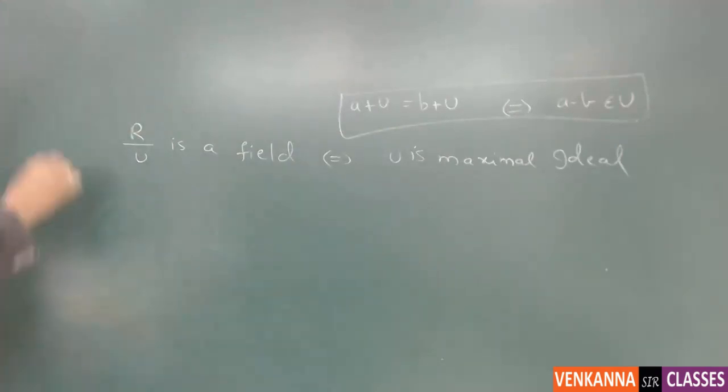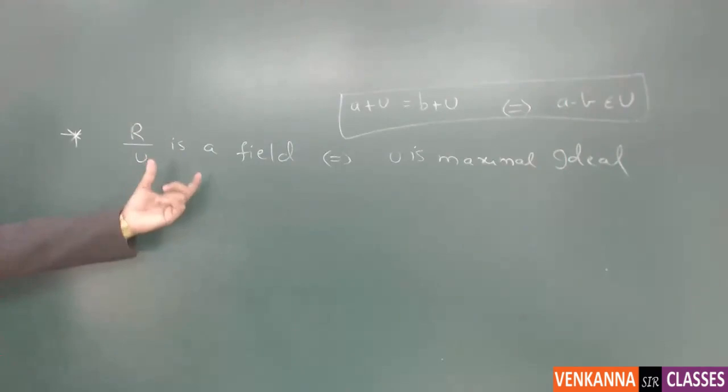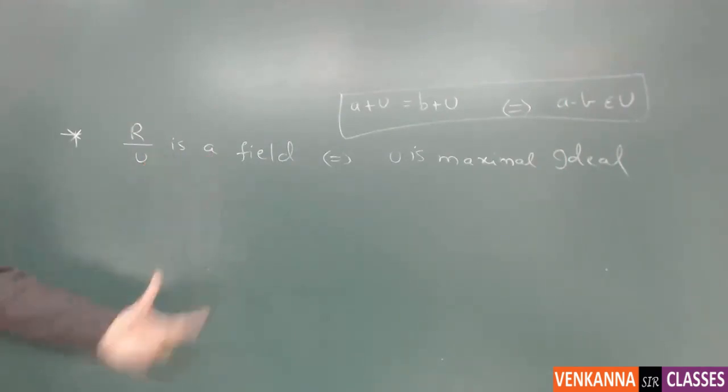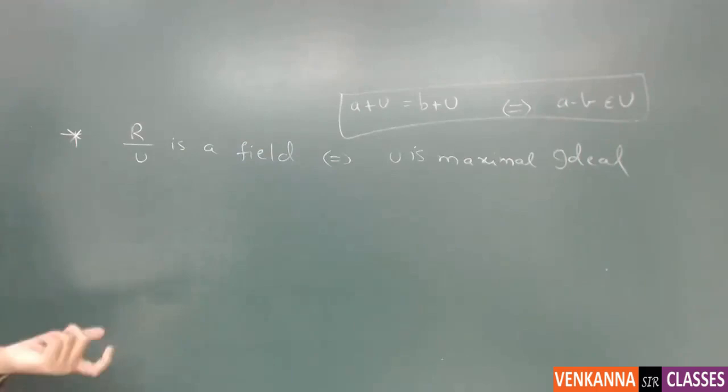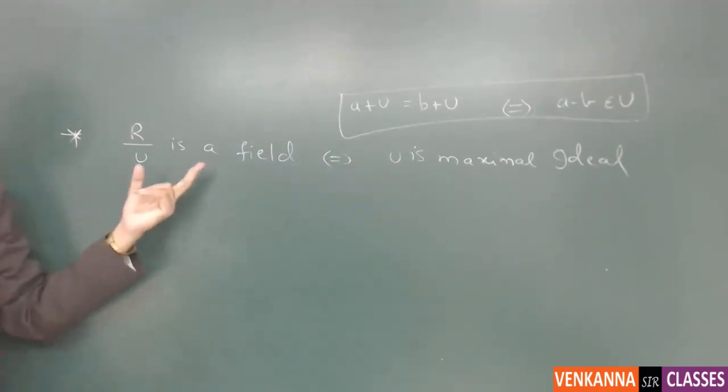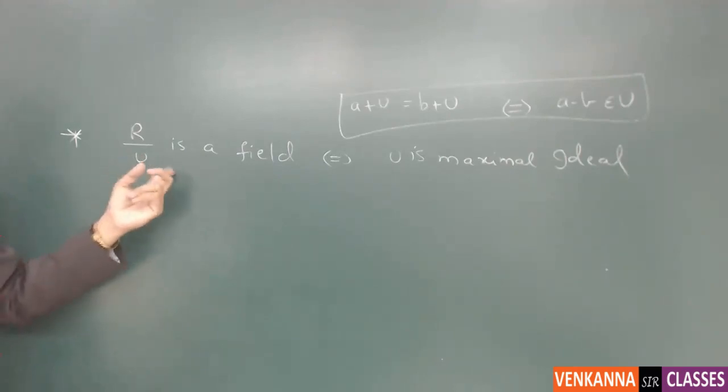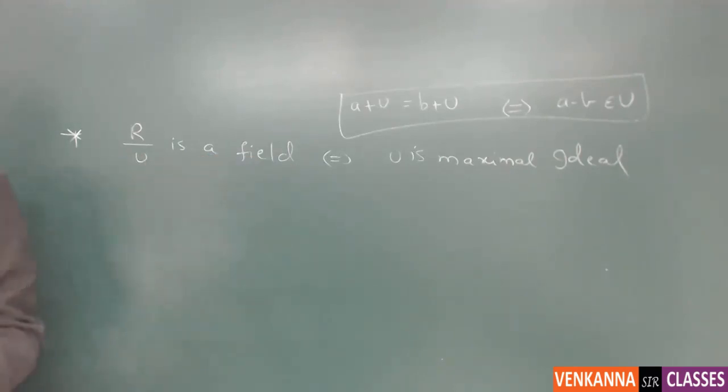So this is a very interesting result. It is a little bit lengthy also, because it contains the main part as well as the converse part. It takes a lengthy procedure, but you enjoy doing the logic. So this is the question, you take a note of it, asked in the previous year papers. R by U is a field if and only if U is a maximal ideal. Please take a note of that.